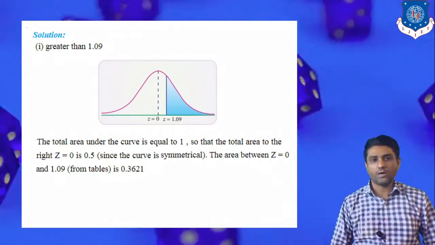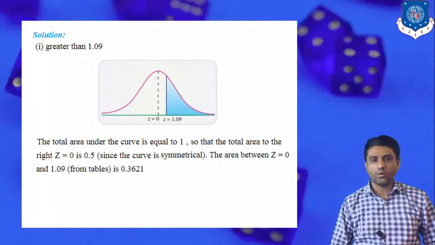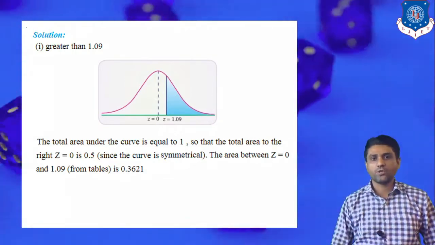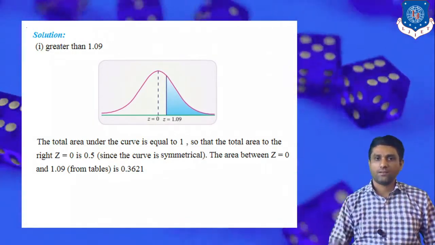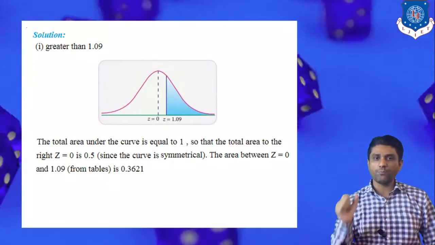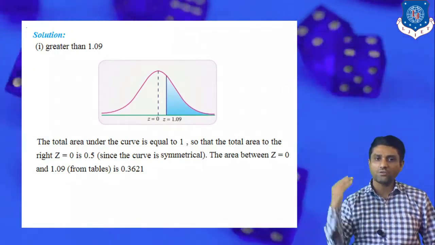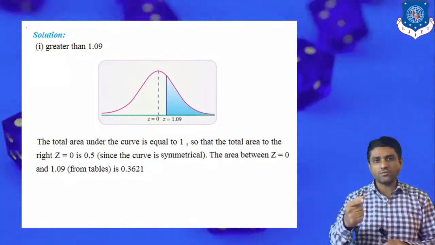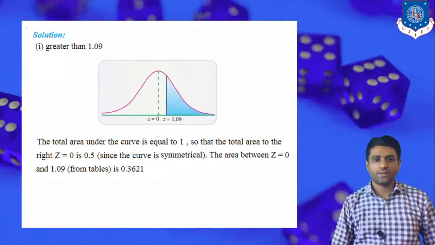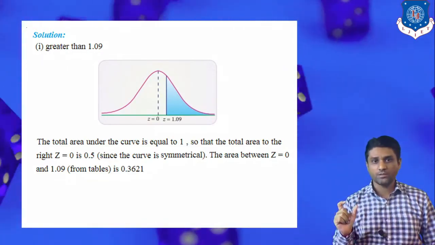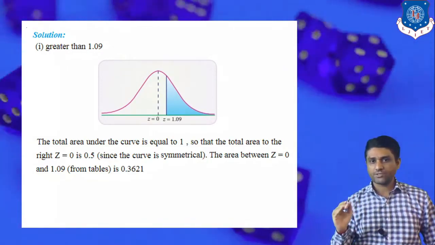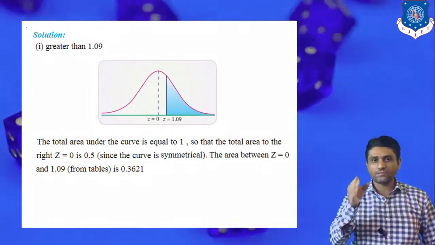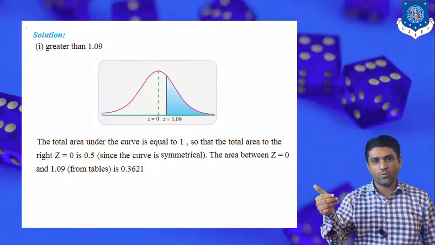Here we write that the area lying between z equal to 0 and z equal to 1.09 is 0.3621. Now just remember this value, 0.3621. I will show how we can find this value from the distribution table. So just remember the value 0.3621, and that is the area between z equal to 0 and z equal to 1.09.